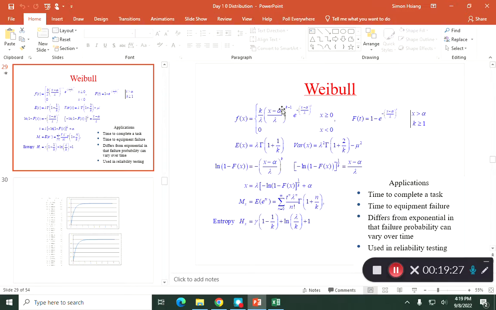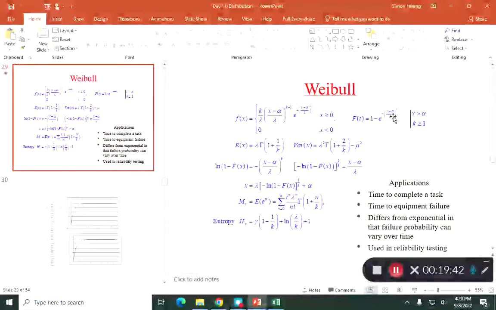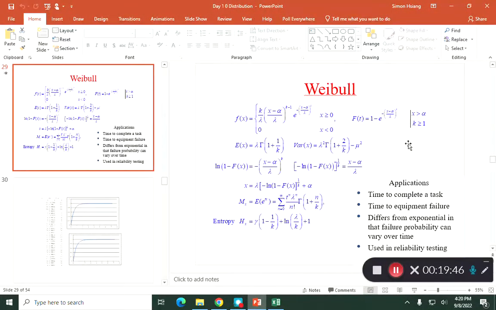So the whole thing becomes exponential of negative x, right? So what function? Your CDF is 1 minus exponential of negative x. So exponential distribution is a special case of Weibull distribution, okay?